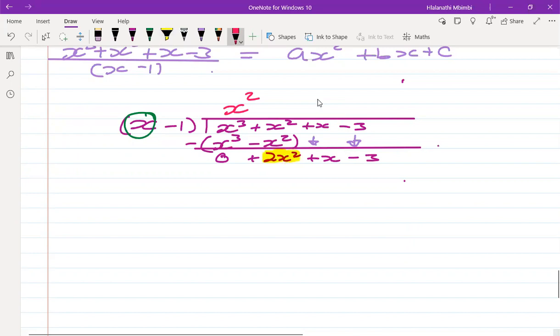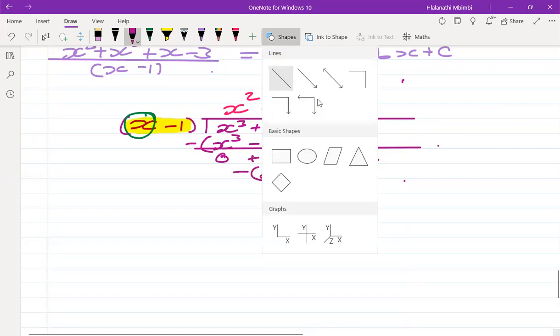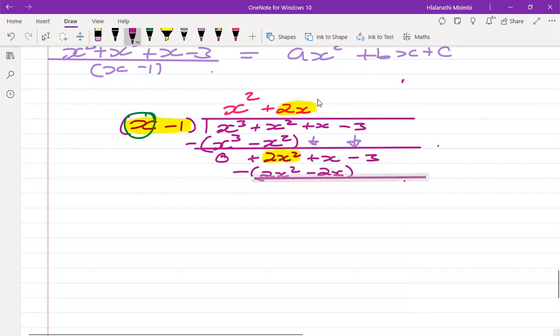The answer that you will get there is 2x. You put it here, right? Now you have that answer, you multiply it by the whole entire bracket. And then what you would have from that bracket is 2x squared minus 2x. You put brackets and you subtract. Put your line, and then that 2x squared minus 2x in the bracket would now become minus 2x squared plus 2x, which would give you 0 for your first addition, but your second one would be 3x.